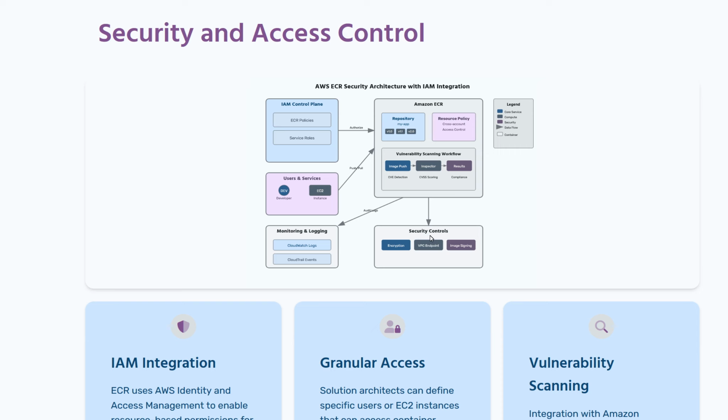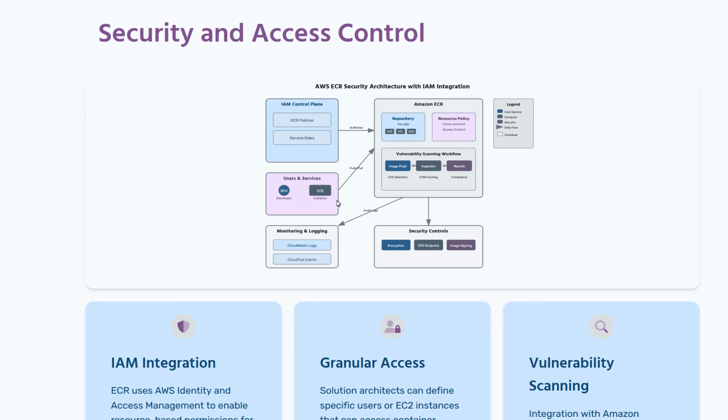And here the security controls. You can have encryption, VPC endpoints, and image signing. And then here the IAM control panel, Identity and Access Management. You have ECR policies and service roles, and you can authorize IAM to this repository.